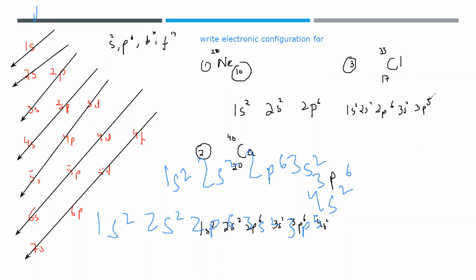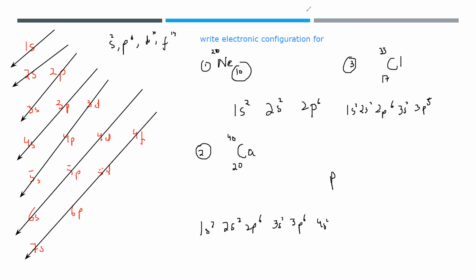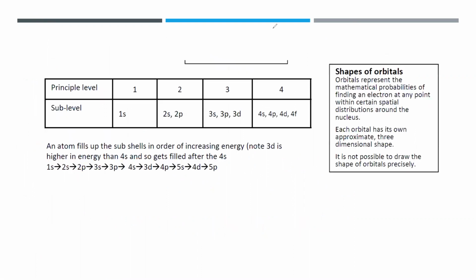But because we have to arrange only 17 electrons, that's why we stop till 3p5. Then we can also represent this in terms of orbitals or subshells.